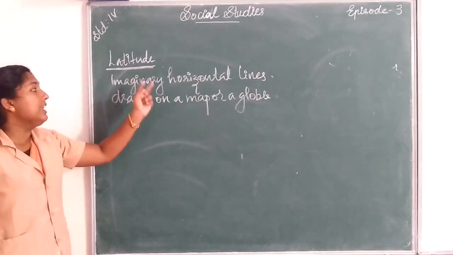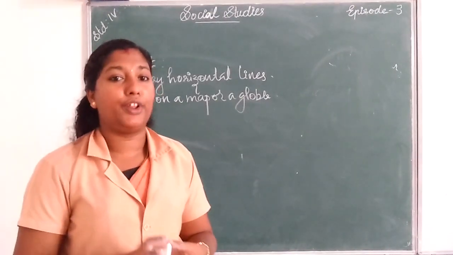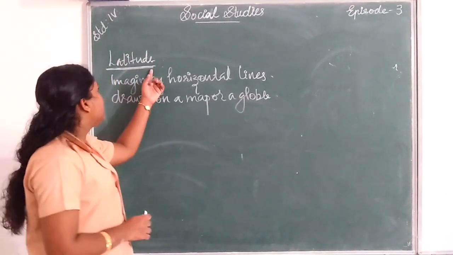What is latitude? Latitudes are imaginary horizontal lines drawn on a map or a globe.